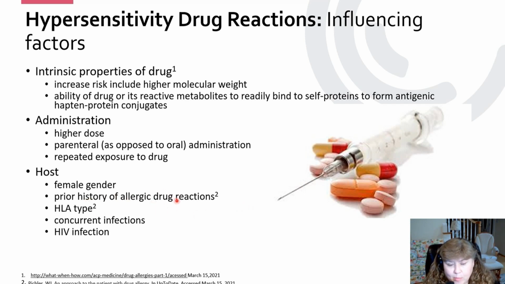Also, if you've had a prior history of an allergic reaction to something else, we know that there are certain HLA types that are associated with IgE-mediated reactions more likely, what the infection is with, and then we also know HIV-infected individuals are more likely to have IgE-mediated drug allergies also.